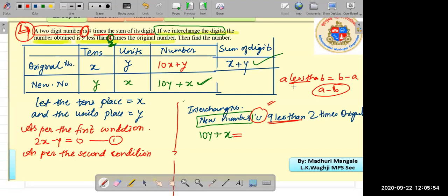So A less than B is B minus A. Likewise, over here, 9 less than something means it would be something minus 9. So 2 times the original number. What is the original number? It is 10x plus y. What do we mean by 2 times? We are multiplying, so we need to put this in brackets, right? So that is 2 times (10x plus y), like that.